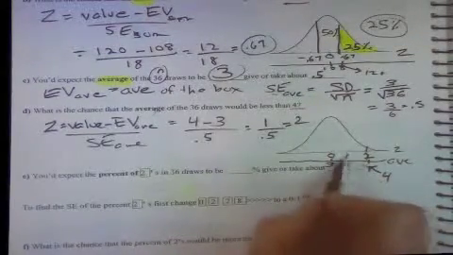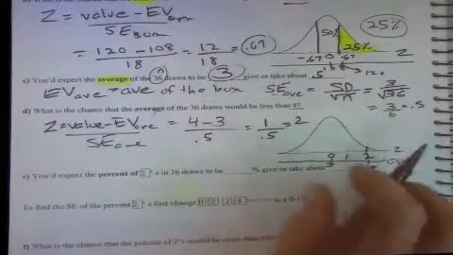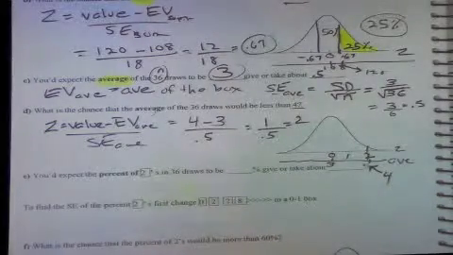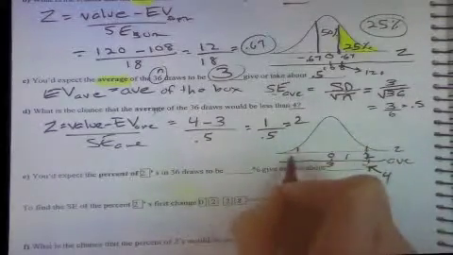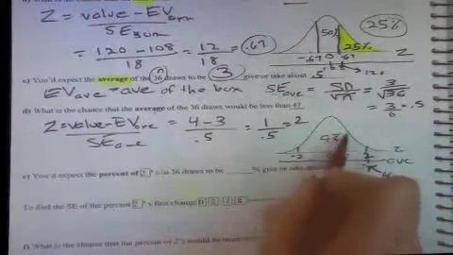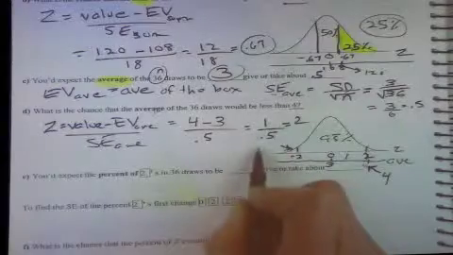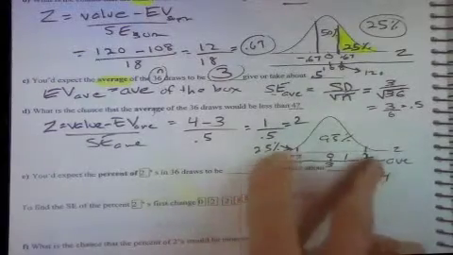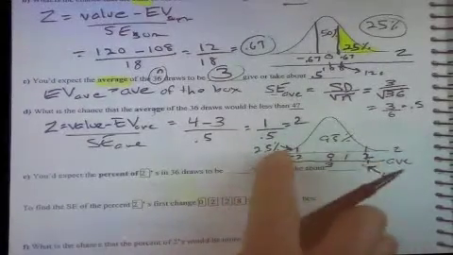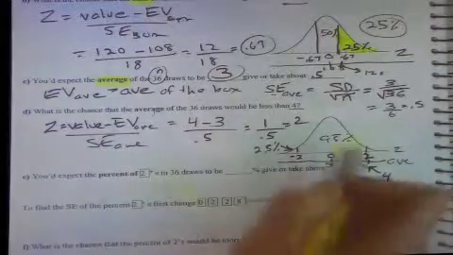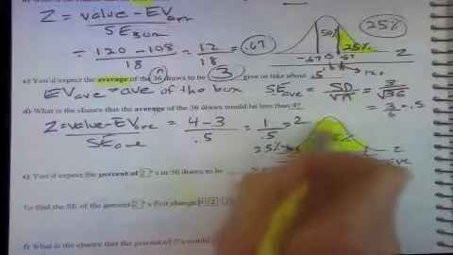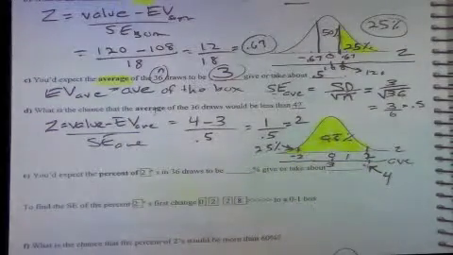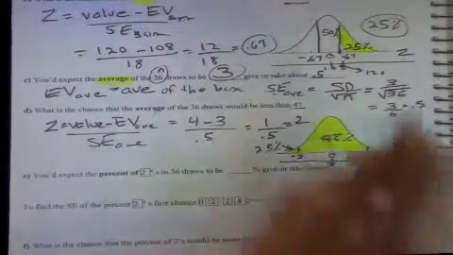Sorry. So it's 2 standard errors. And between 2 and negative 2 is 95%, and this is 2.5%. These two are 5% together, 2.5% each. Here we go. So our answer is 95, oh, it didn't look pretty. 95 plus 2.5.